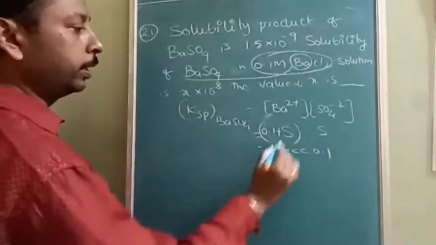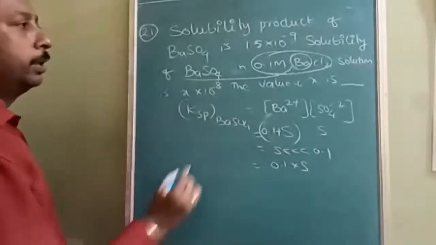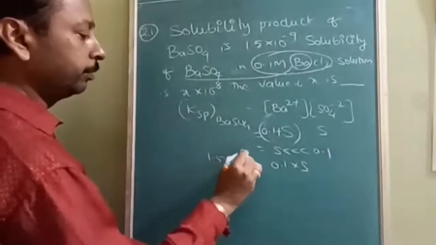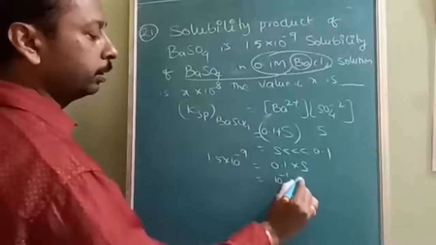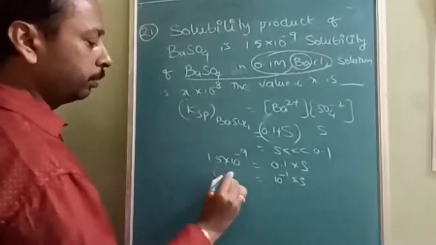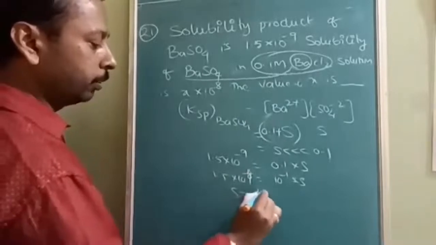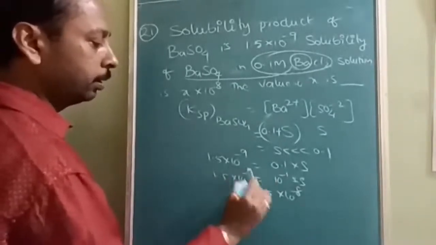So we can write 0.1 into S, and Ksp is equal to 1.5 into 10 to the power of minus 9. So 10 to the power of minus 1 into S equals 1.5 into 10 to the power of minus 9. So S is equal to 1.5 into 10 to the power of minus 8.